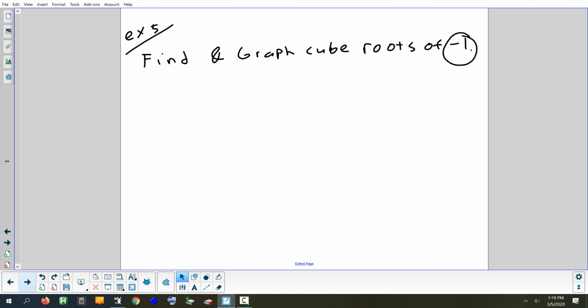Is that number in trig form? No. It's not. It's basically -1 plus 0i. That's not trig form. So step 1 is to change it to trig form.